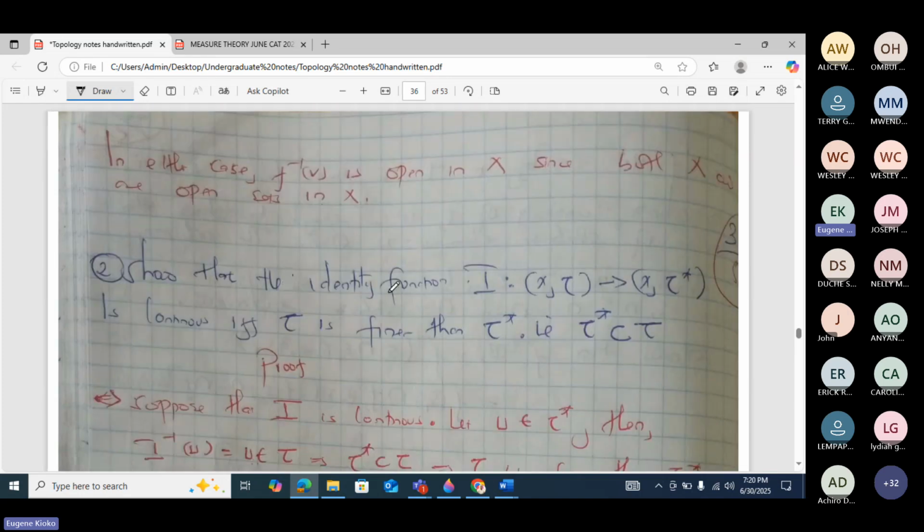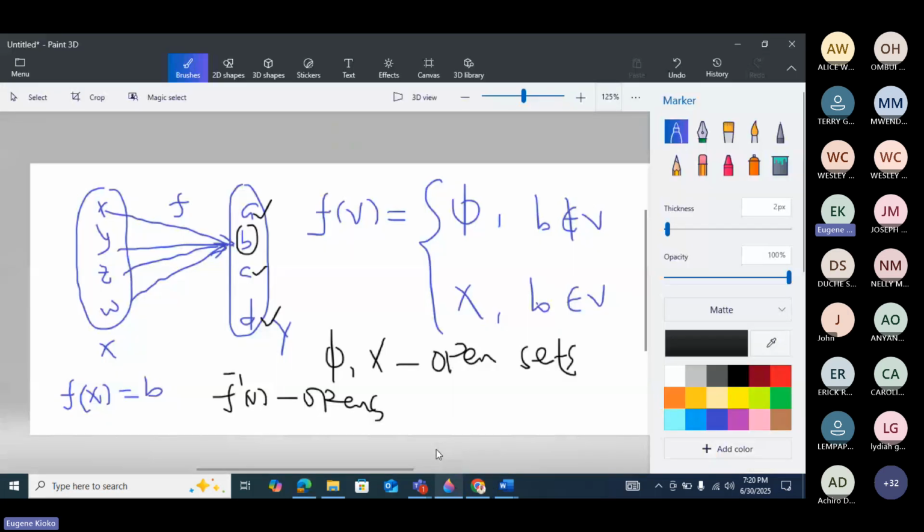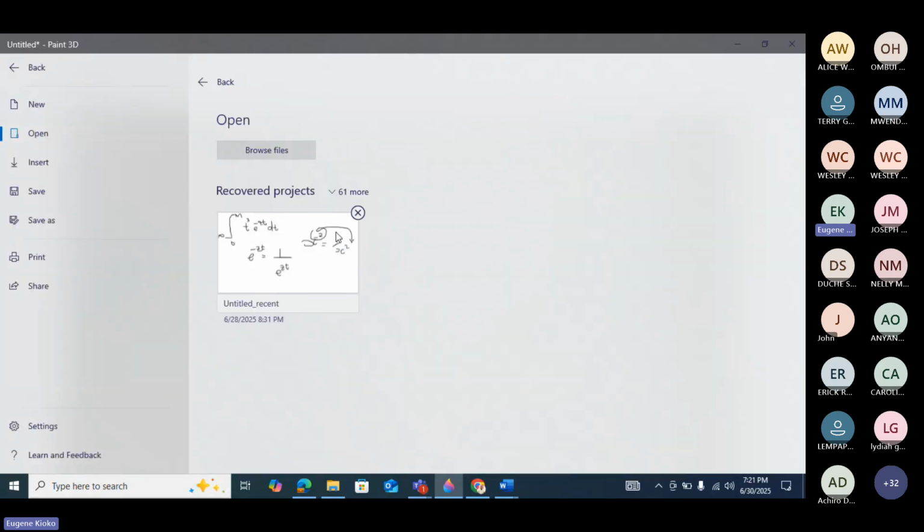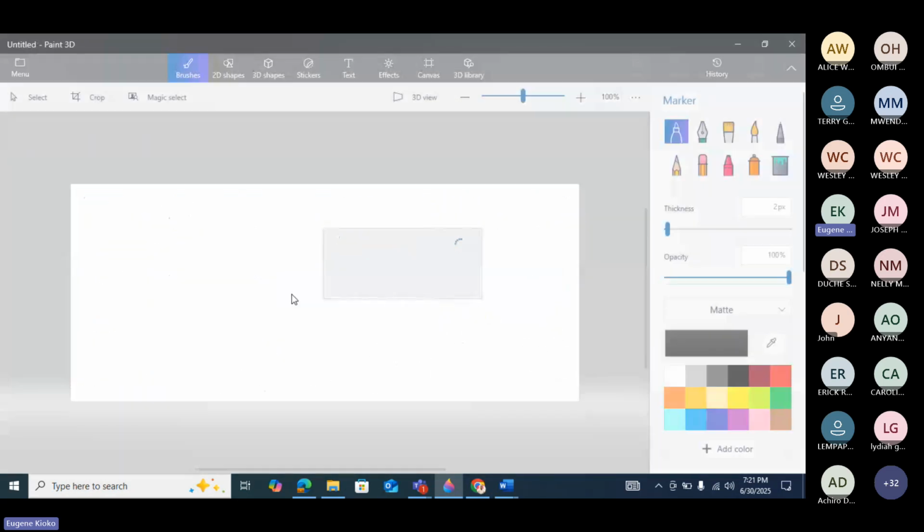Another theorem: show that the identity function. Now, again, I'll take you back to basic maths. We have called this one a constant, where all of them are mapped to the same value. Then we have another type of function, what we call an identity function.